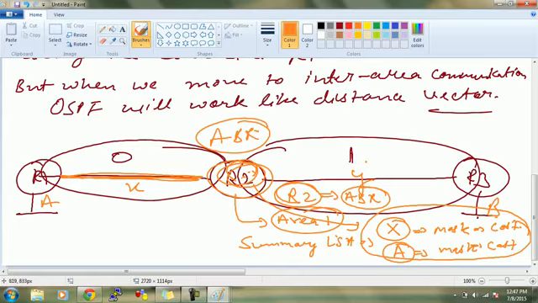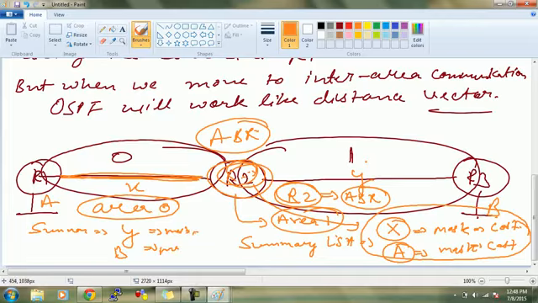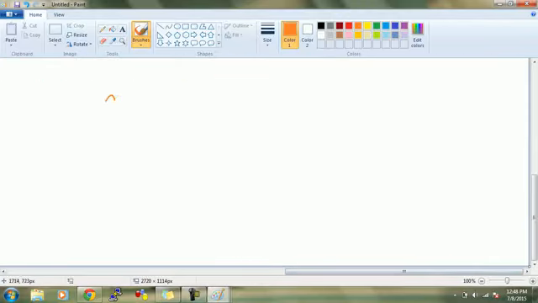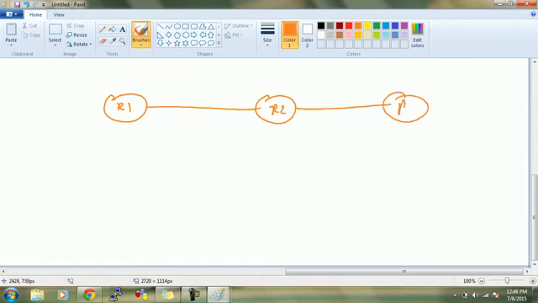Now, in area 0, the type 3 summary LSAs will be network Y, network B. After that the mask, after that the cost. Agree? So let us take one more example. R1, R2, R3.